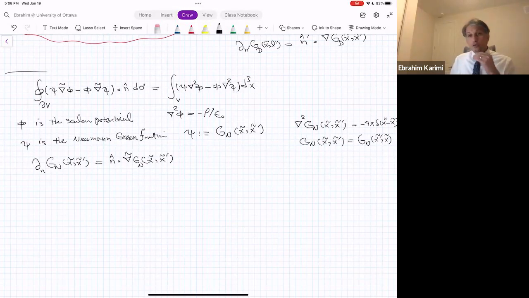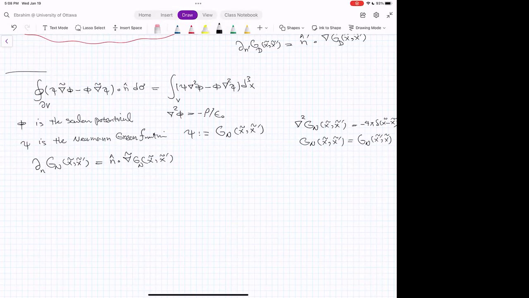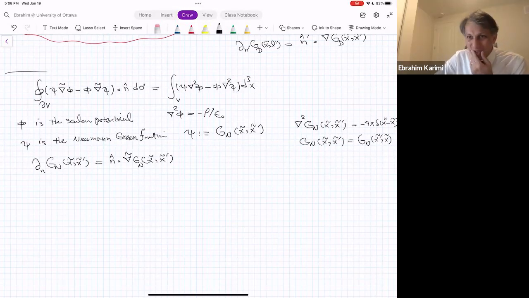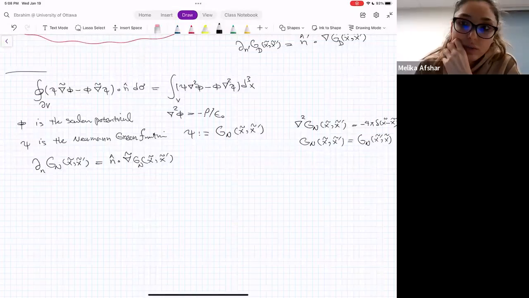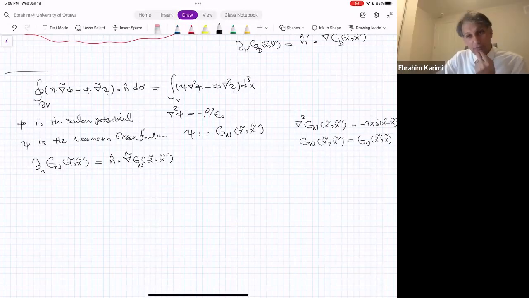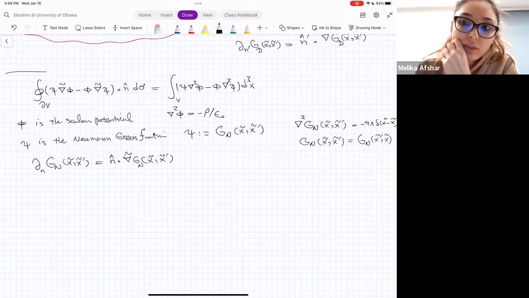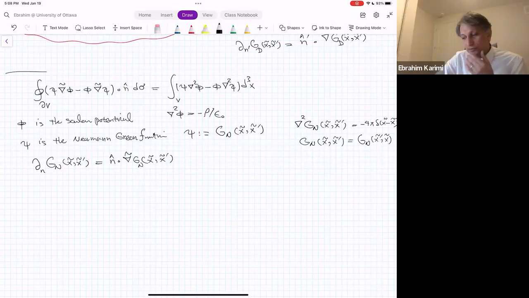So what should the derivative at the surface be? What have we done for Dirichlet? We said that for the Dirichlet it was 0, right? The logical sense tells us that we have to use the Green function in such a way that the derivative will be 0. No, we cannot do that.